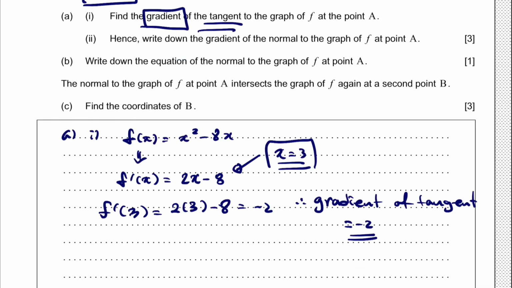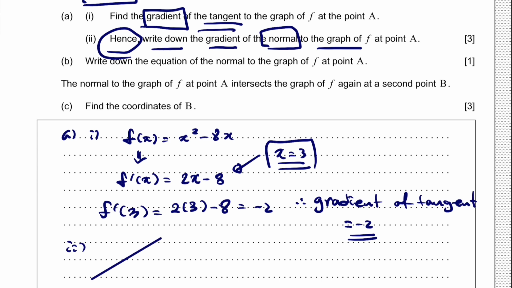Then question II, hence we need to write down the gradient of the normal line to the graph of f at point A. In order to solve this, we already know that a normal line is perpendicular to the tangent line. So if this is the normal line, then the tangent line is like this, or vice versa.